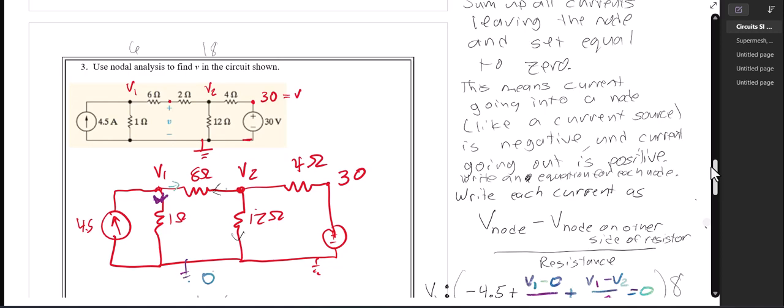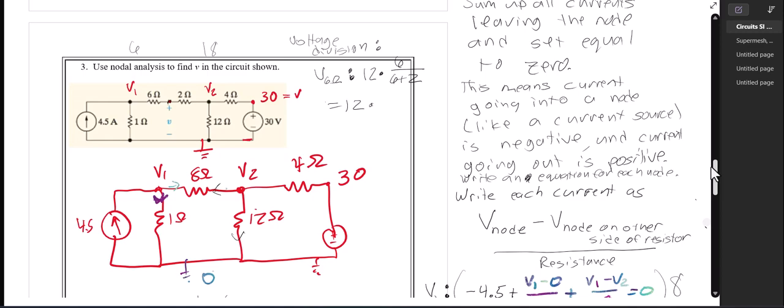Well, I'm going to use voltage division to find out what the voltage is right here in the middle. So voltage division will tell me the voltage drop across one of the resistors. So if I want to find the voltage drop across the 6 ohm resistor, I take the voltage change across both resistors, which is 12, times 6 over 6 plus 2.